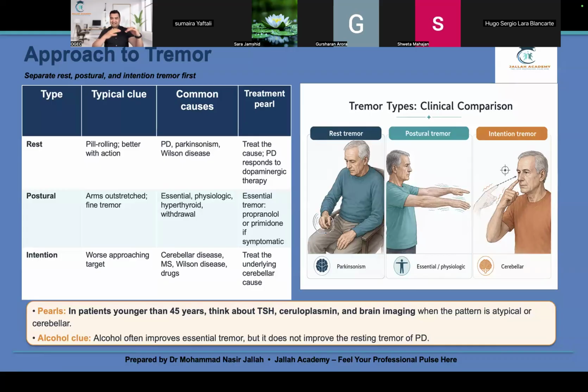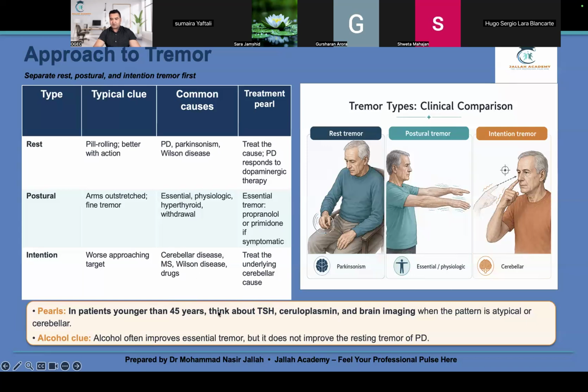Or if balance is the issue that you need to address, then you need to do this for the upper limb and the heel-to-shin test for the lower limb, for balance or ataxia. Worst approaching target: cerebral disease, multiple sclerosis, Wilson disease, and drugs.